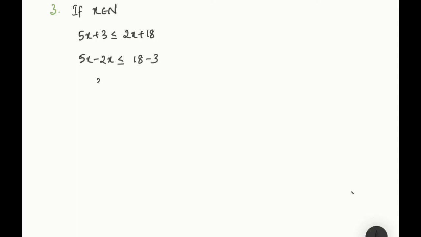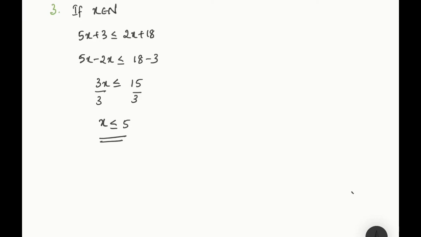So 5x minus 2x is 3x, less than or equal to 18 minus 3, which is 15. Now what happens? You need only x, right? So you have to divide both the sides by 3. In dividing a positive number, the inequality doesn't change according to our rule 3, right? So you can write x less than or equal to 5.